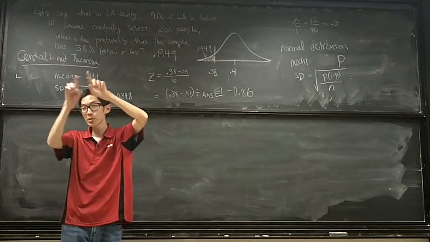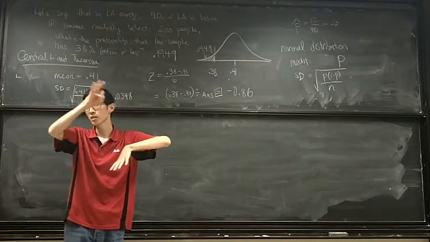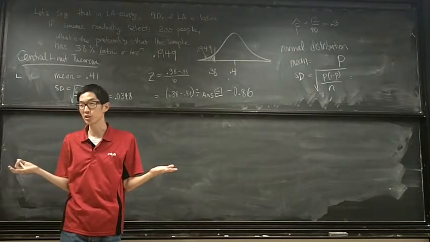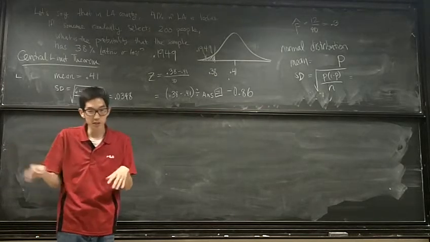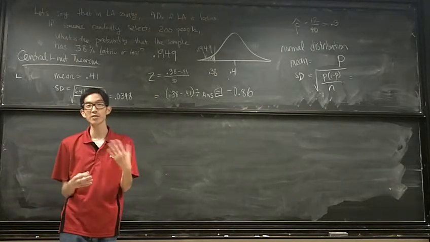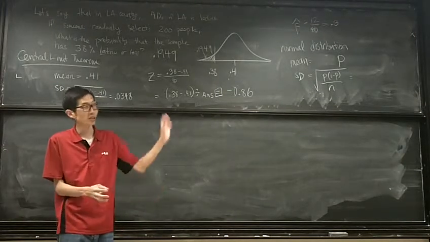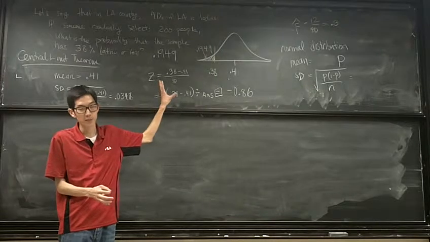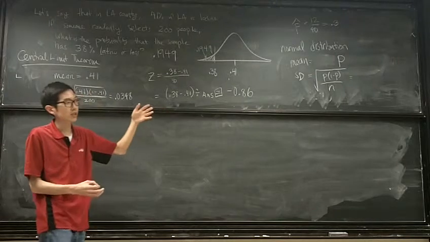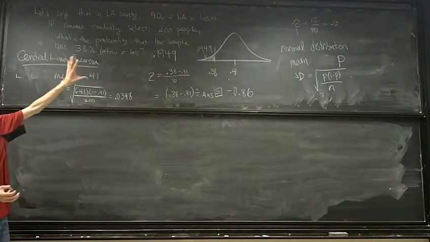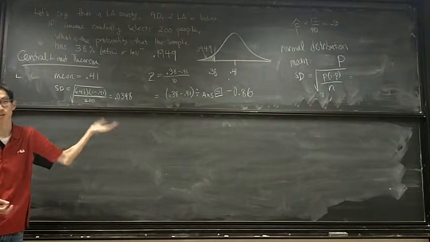When you take a bunch of samples, look at the different p-hats, and make a histogram of all the p-hats, you got a normal distribution. But sometimes the histogram doesn't look like the normal distribution, and then this doesn't work. So there are a few conditions we have to meet to make sure the normal distribution works, or what we call making sure that the central limit theorem applies.